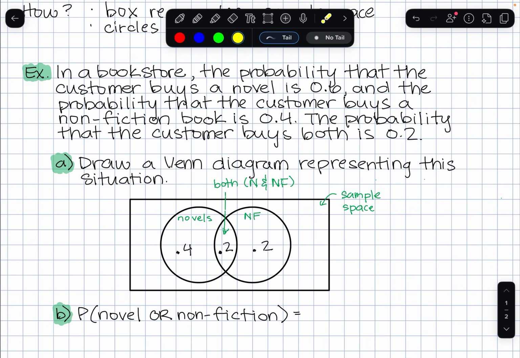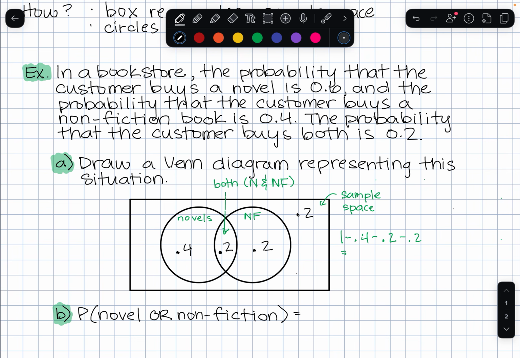So to figure that out, I'm going to add up what's inside the circles and subtract it from 1. So off to the side, I'm going to do 1 minus 0.4 minus 0.2 minus 0.2. So 1 minus 0.4 is 0.6, minus 0.2 is 0.4, minus 0.2 is 0.2. So 0.2 goes outside that box.